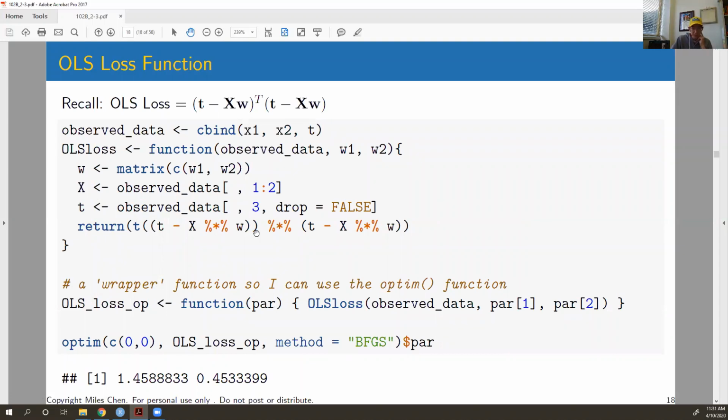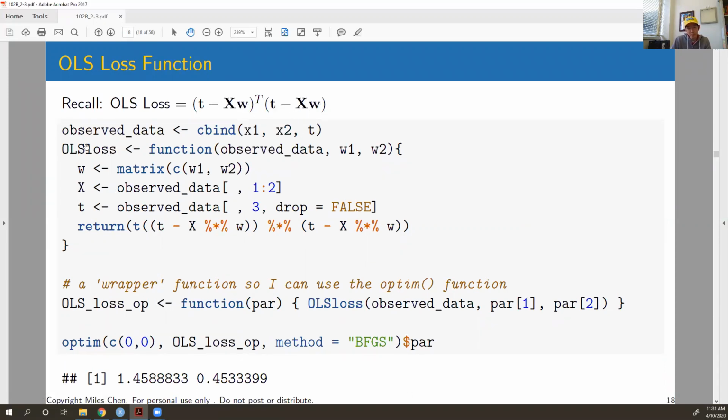Here is just to reiterate the fact that all we're doing when we do least squares regression is trying to optimize the least squares loss, okay? So the OLS loss is (t minus xw) transpose (t minus xw), right? This is the sum of squares error.